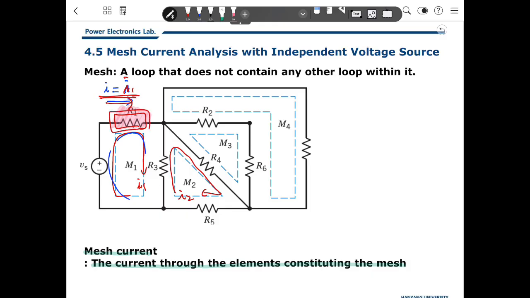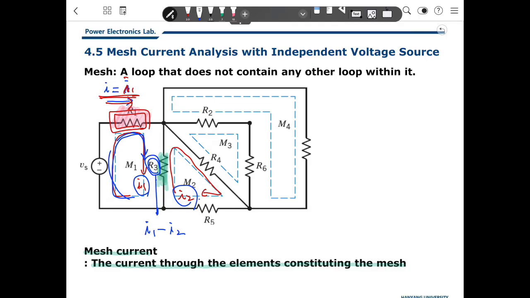But how about R3? From the viewpoint of mesh 1, the current going through R3 is I1. But R3 is not only a component of mesh 1, but also a component of mesh 2. So from the viewpoint of mesh 2, the current flowing is I2. So the current flowing through R3 will be I1 minus I2.